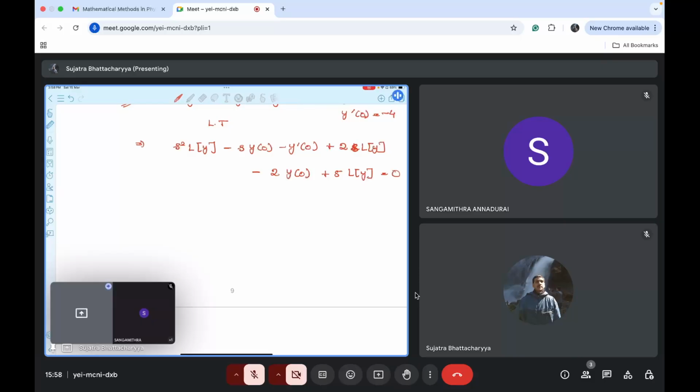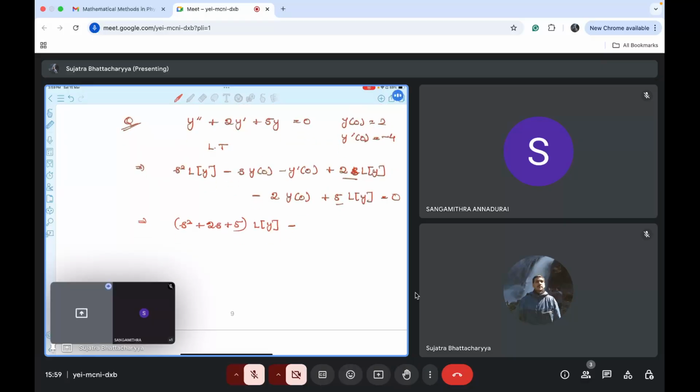So this is what you will have. Finally you get s square plus 2s plus 5 times L of y, this I take common, minus s times y of 0. y of 0 is 2, so 2s. y dash of 0 is minus 4, so plus 4. Minus 2 times y of 0 is 4, right? 2 into 2, 4.